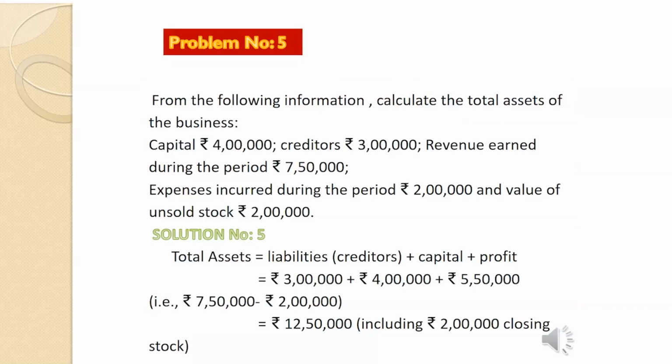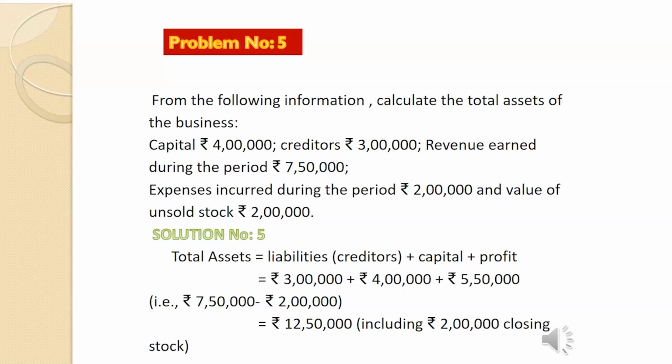Now let us see how to calculate total assets of the business. Here capital is rupees 4 lakh, creditors value 3 lakh, revenue earned during the period 7,50,000, expenses incurred during the period rupees 2 lakh, and the value of unsold stock rupees 2 lakh. How to calculate the total assets of the business?